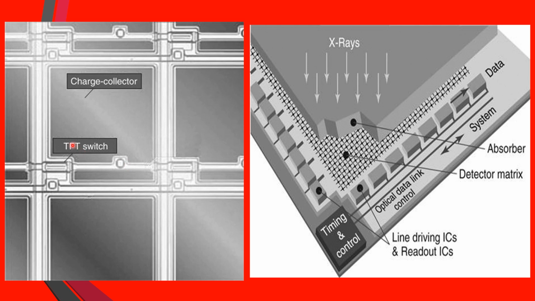So this is just another view of the TFT here, okay? There's a TFT switch, and there's the charge collector, okay? And there's a storage capacitor in here somewhere too, right? And so the X-rays come in, okay? It hits this layer here. There's the detector matrix here. All this can get read out along the data lines, okay?